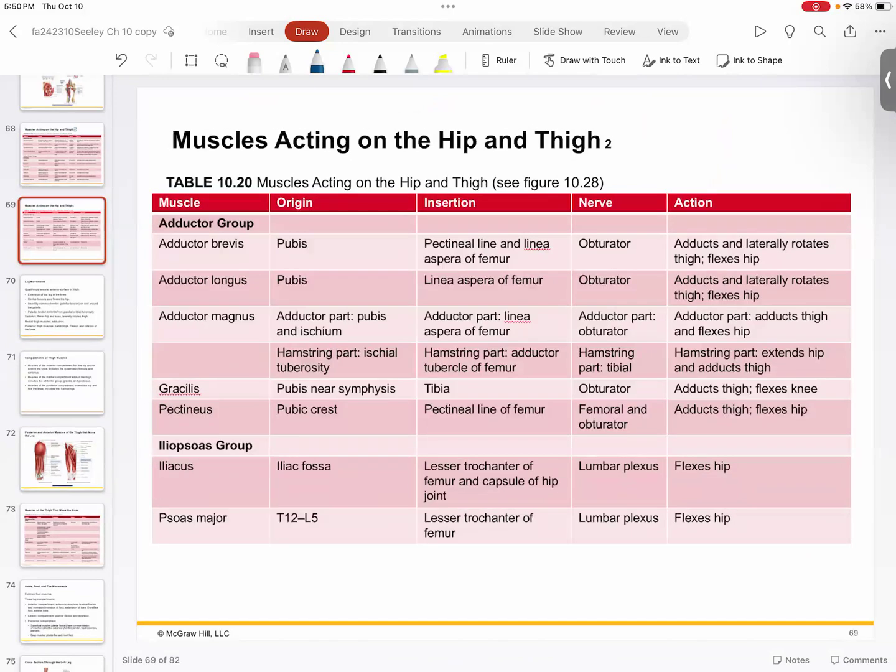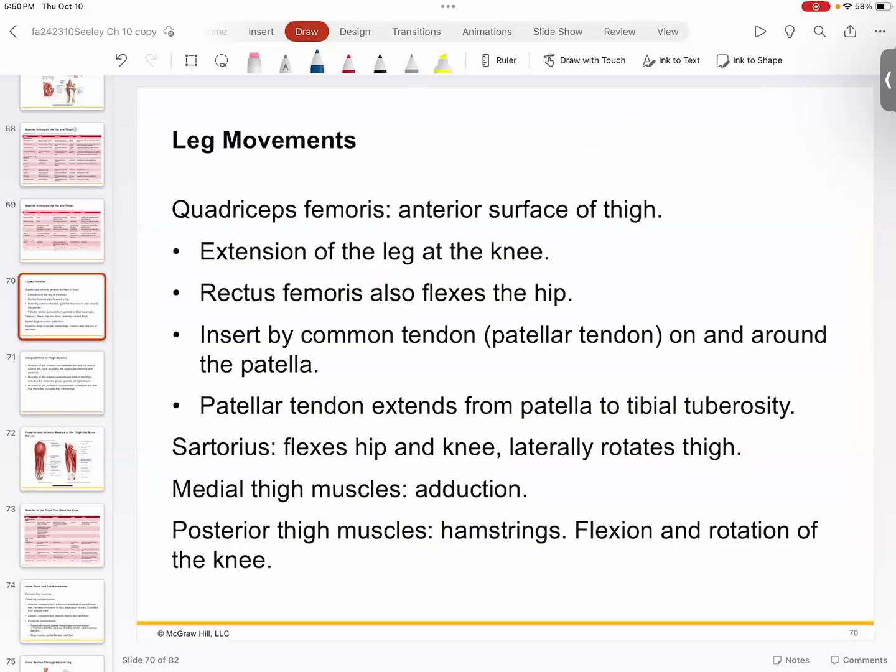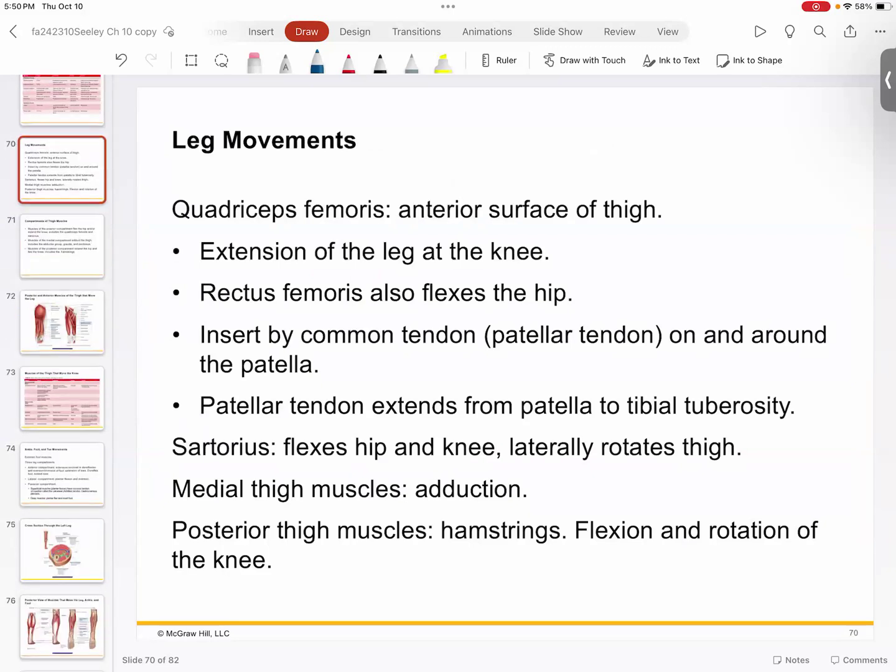And these are the adductors, right? So that inner adductor thigh group. These are a pretty big deal. So then when you're taking a look at your basic leg movements, you're looking at extension of the leg. So the rectus femoris also will be a flexor of the hip as well. So when you're picking your leg up, that's a flexion of the hip.